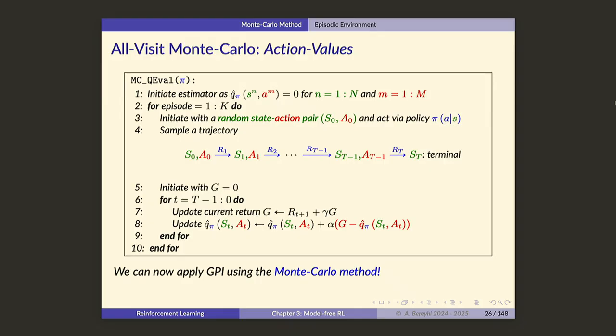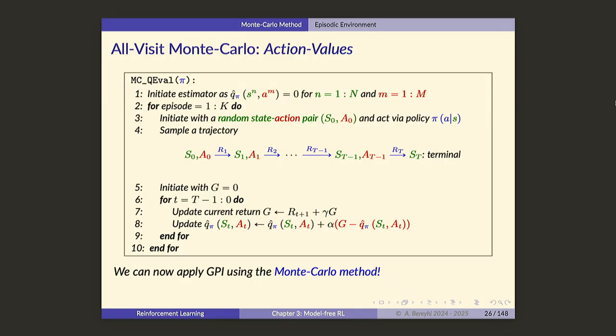And I update my estimate for that particular state action. And then I go one step backward and say, okay, what about S_{T-2} and A_{T-2}? When I was at state S_{T-2} and I did action A_{T-2}, I kept on playing with my policy, right? And then I collected R_{T-1}, after that R_T, and then it was terminal, right?